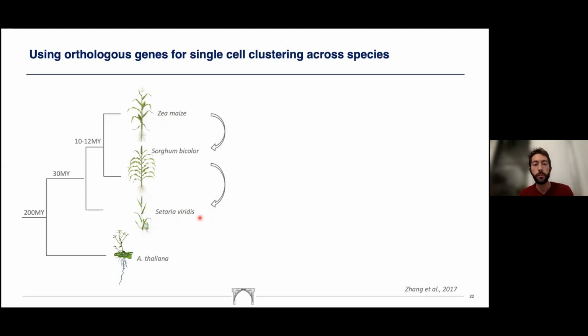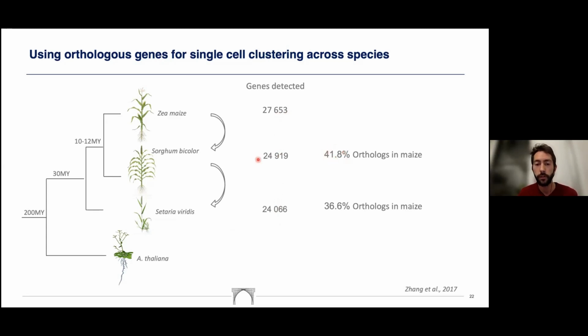So we performed single cell and single nuclei RNA-seq on the primary roots of these three species and looked at the orthologous genes between them. Among all the genes we detected for all of the different cell types or different replicates, we were able to identify that 41% of these genes were direct orthologs in maize, and 36% were direct orthologs in maize as well.